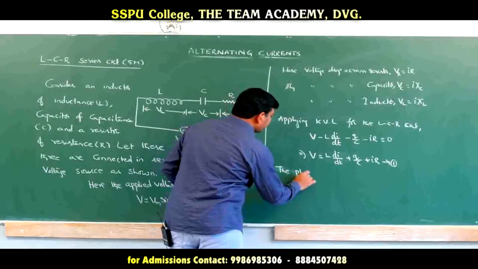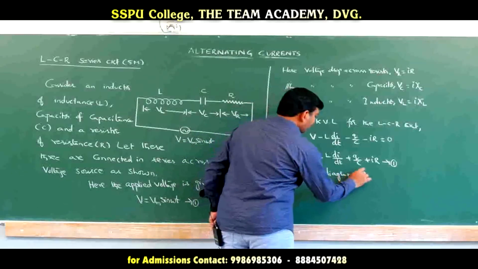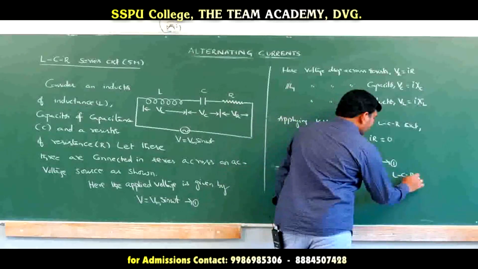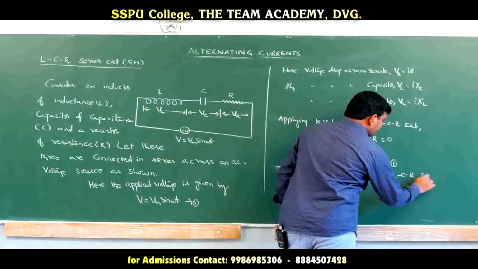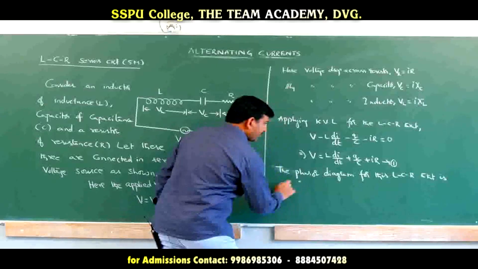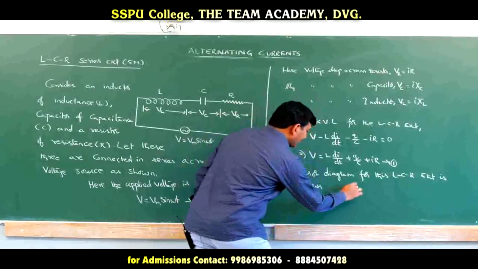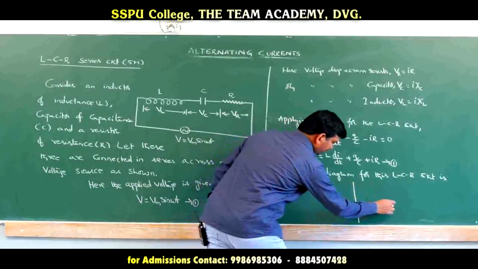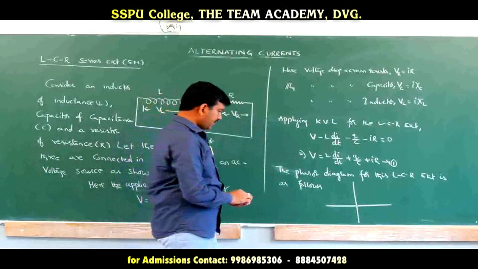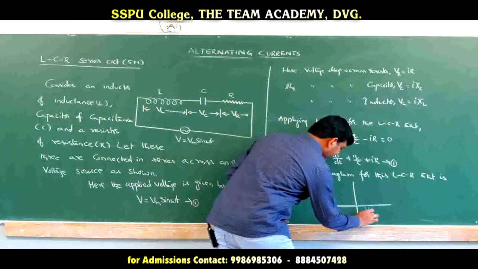What does this diagram mean? The x-axis represents the voltage drop across the resistor. This is VR.